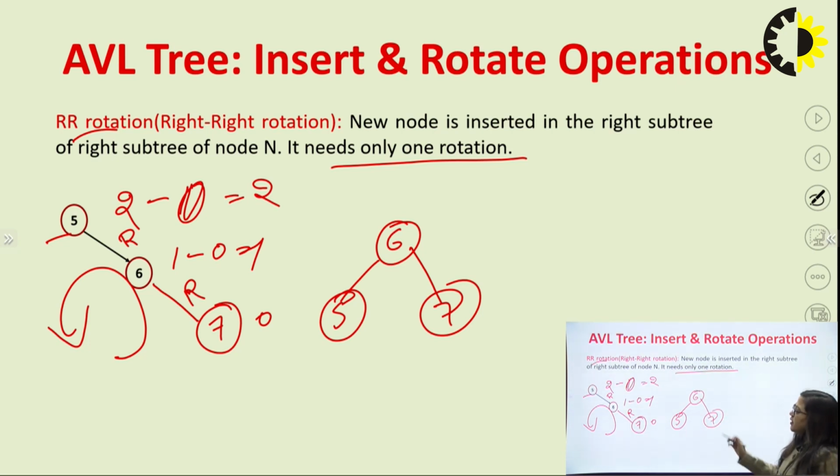So it is called a right rotation. Now check the balance factor of this element: 0, because left and right children are not here. Again it is 0, and here is 1, here is also 1. So right minus left is 1 minus 1 equals 0. So now it is a balanced BST.